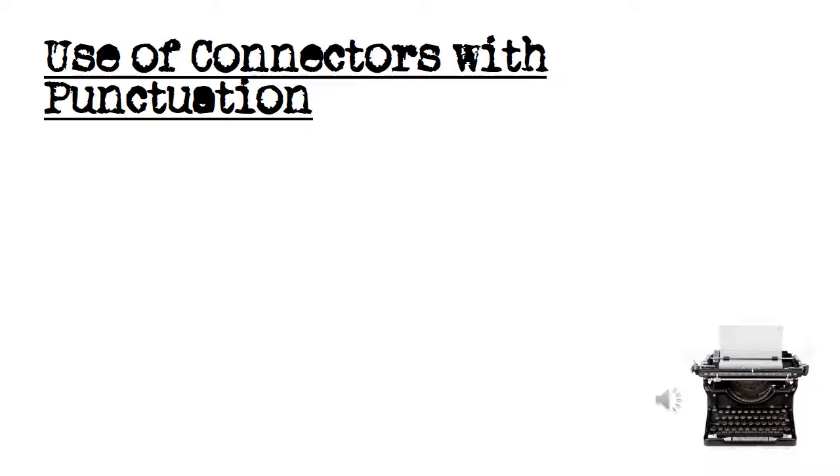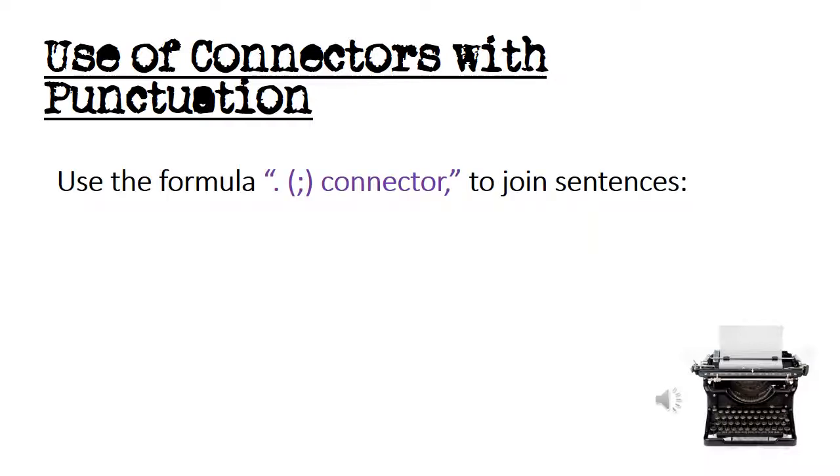Another way of connecting clauses is by using connectors with appropriate punctuation. For this purpose, I have also come up with a mnemonic rule that I call the period-semicolon-connector-comma formula.